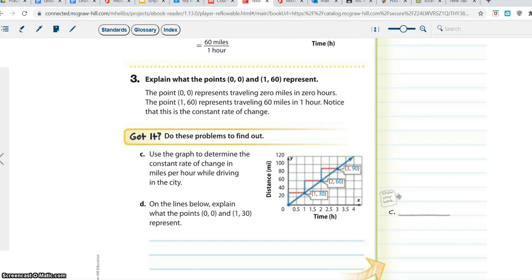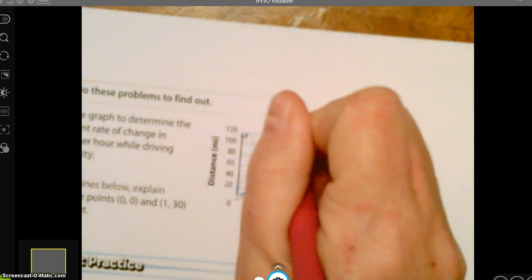Just as a reminder, if something has a constant rate of change, it's going to form a straight line. So it's going to be what we call linear. That word, linear, means this is straight.